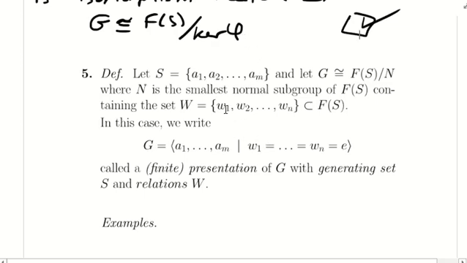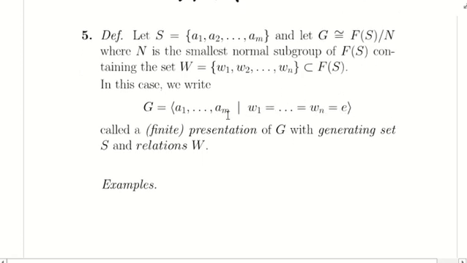If that's the case, then we can find a hopefully finite set of words that we're going to call relations. And we define then G to be generated by this generating set, A1 to AM, with relations, W1 to Wn.